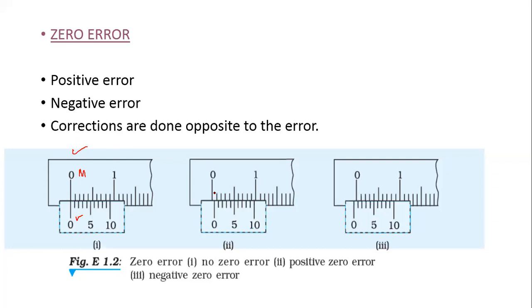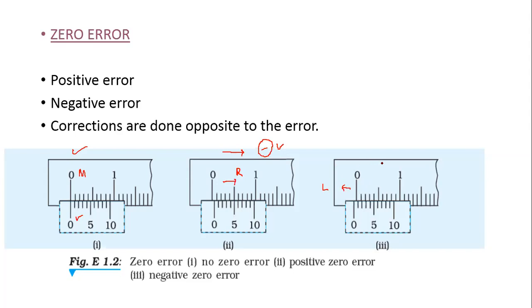In the second one, you can see the vernier scale zero is on the right side, some distance away. When the vernier scale zero is on the right side, we call this a positive error, and at the end of the experiment we will subtract it. Next, you can see the vernier scale zero is on the left side.